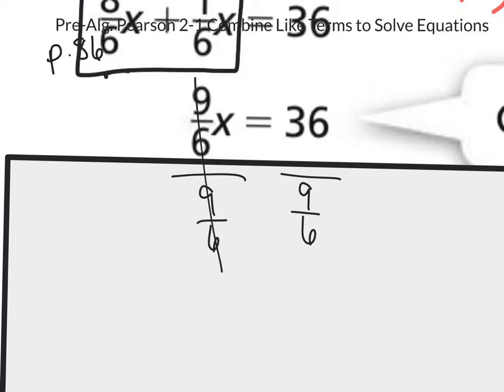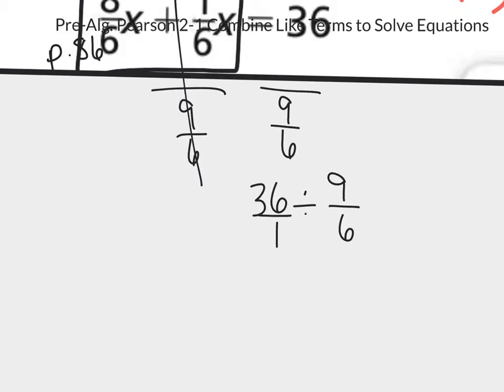And you might say, well, that doesn't look anything like what they did. Well, just hang in there and watch the transformation. So we have 36 divided by 9/6. 36 we can put over 1. And then remember, dividing fractions is keep, change, reciprocal.